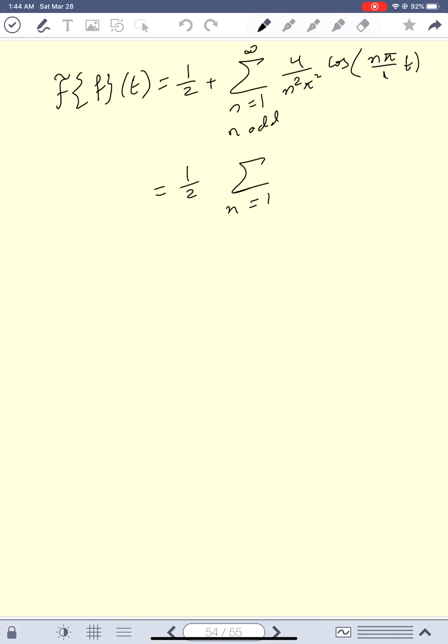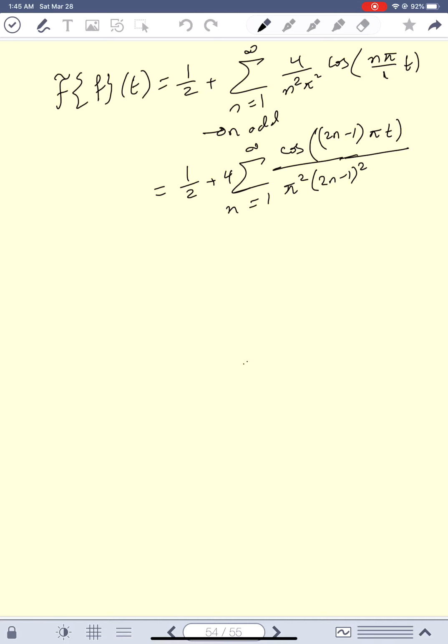So now I want to remove this condition, n is odd. So this is 4 over pi squared times, we replace every n by 2n minus 1, times cosine((2n minus 1) pi t).